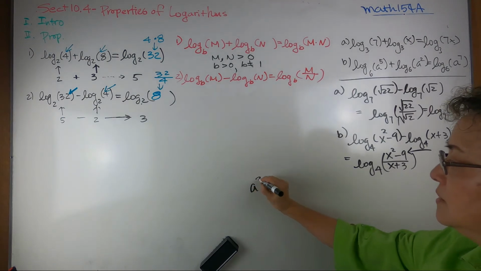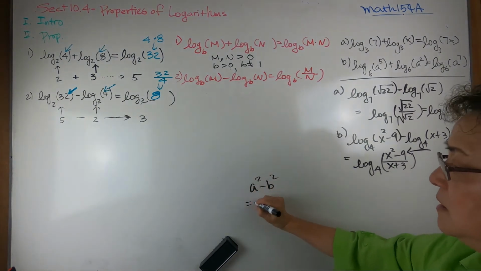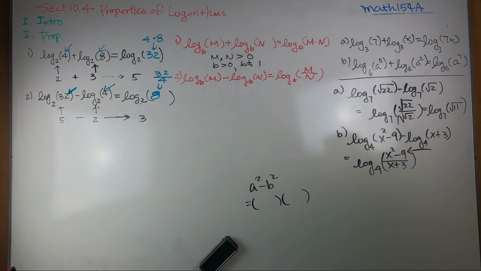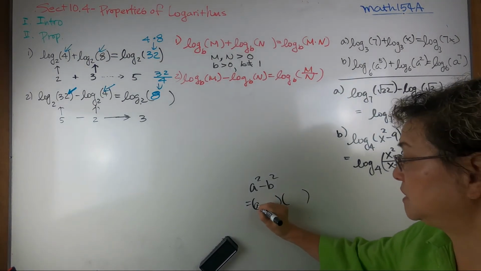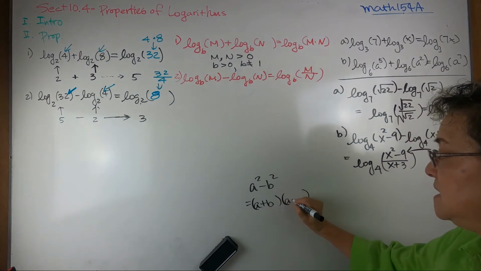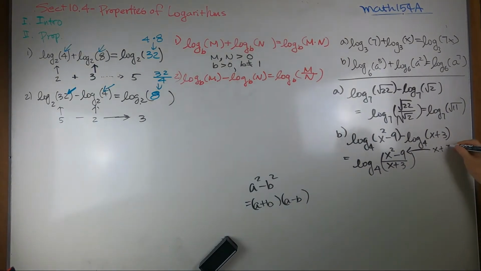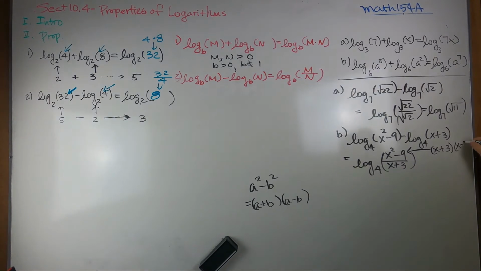A squared minus b squared. You break down the binomials. You need to use the formula, right? The difference of squares is what? A plus b times a minus b. So this one will be x plus 3 times x minus 3.